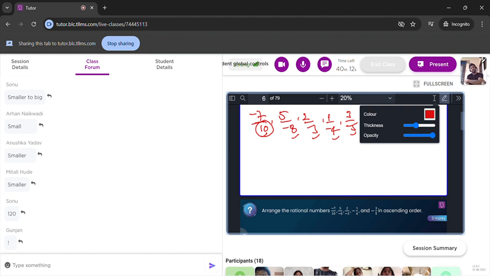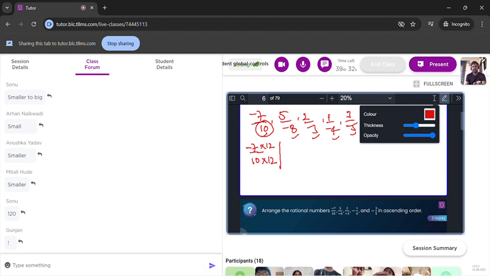So its LCM will be 120. Now if the LCM is 120, we have to make the denominator of all rational numbers 120. As you can see here, minus 7 by 10 will get 120 in the denominator only when you multiply by 12, and then you also have to multiply its numerator by 12.